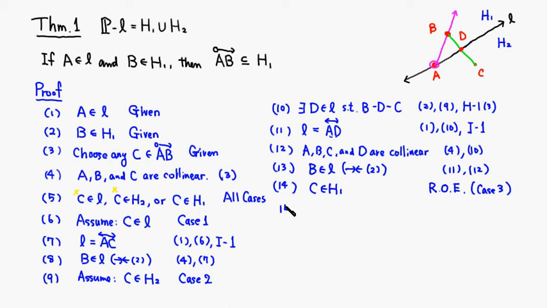So line number 15: therefore, we can conclude that open ray AB is a subset of H1. I'm probably using line 3 and line 14. That's it. I hope that this was clear.